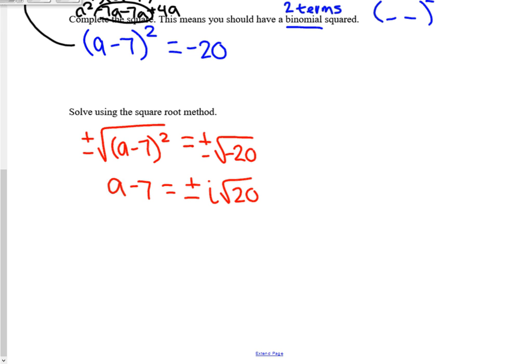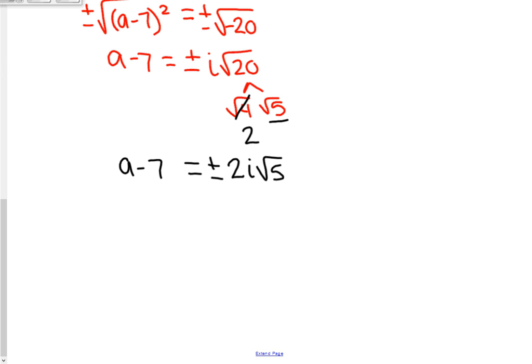But I still need to simplify the square root of 20. The square root of 20 is the square root of 4 times the square root of 5. Square root of 4 is 2. So I have a minus 7 equals plus or minus 2i. We have that square root of 5 left over. We're almost done at this point.